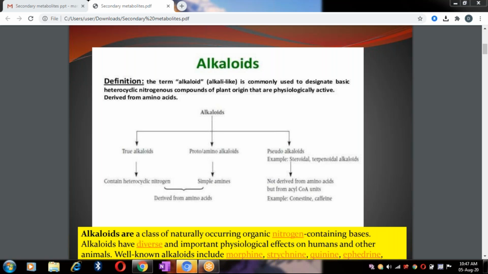The basic chemical tests are the test with Mayer's reagent, that is potassium mercuric iodide, Dragendorff's reagent, potassium bismuth iodide, Wagner's reagent, iodine potassium iodide, and Hager's reagent, that is picric acid. With Mayer's reagent, alkaloid gives a cream colored precipitate. With Dragendorff's reagent and Wagner's reagent, it gives a reddish brown precipitate. And with Hager's reagent, it gives a yellow precipitate.